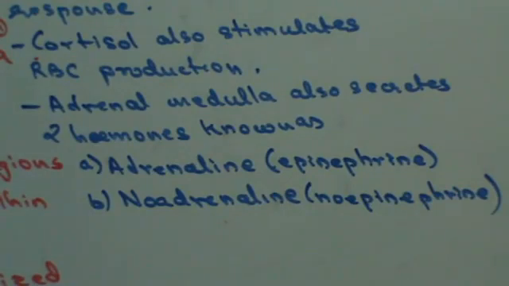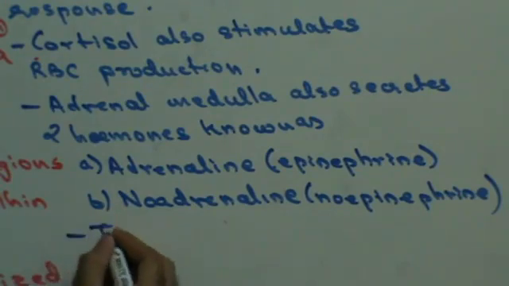Now, these hormones are rapidly secreted under stress conditions and are called emergency hormones. Adrenaline and noradrenaline increase alertness, pupillary dilation, hair erection and sweating.